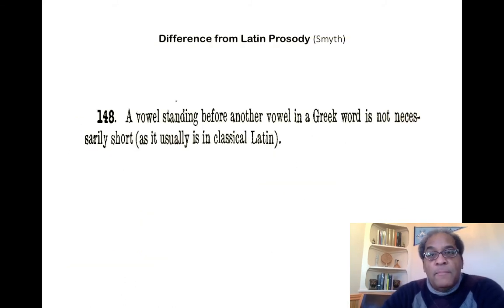This results in a difference between Latin poetry and Greek poetry. A vowel standing before another vowel in a Greek word is not necessarily short, as it usually is in classical Latin.